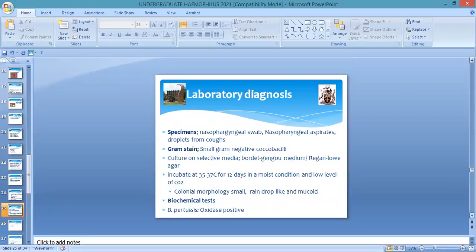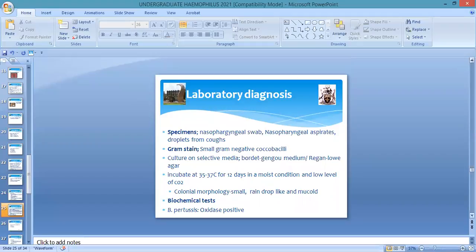So in terms of laboratory diagnosis of pertussis, you can collect whatever specimens from the upper respiratory tract, including nasopharyngeal swab, aspirate, or even droplets from the cough, where of course you just give the patient a plate and they cough directly on that plate.